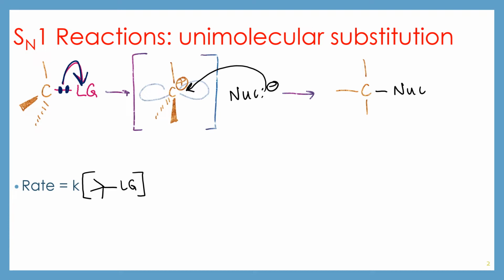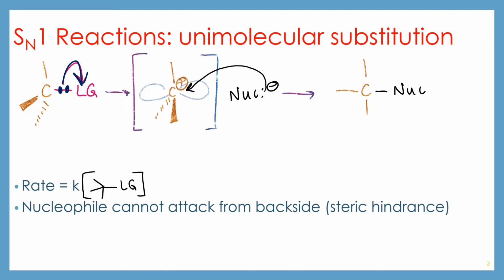The rate of this reaction is equal to the reaction constant times the concentration of the compound containing the leaving group, which is often an alkyl halide. In an SN1 reaction, the nucleophile cannot attack from the back side. Typically, substrates that are used in SN1 reactions are more highly substituted than those used in an SN2 reaction.